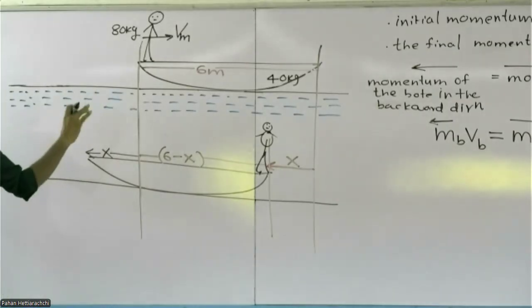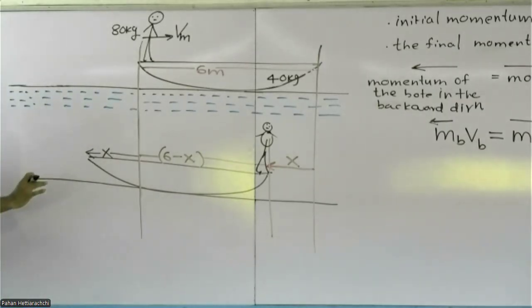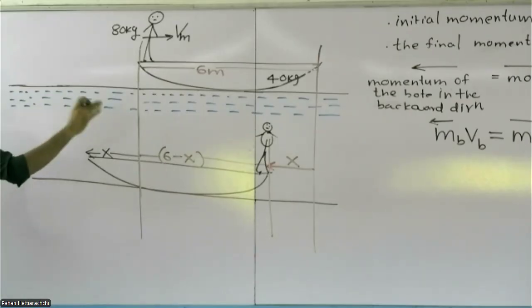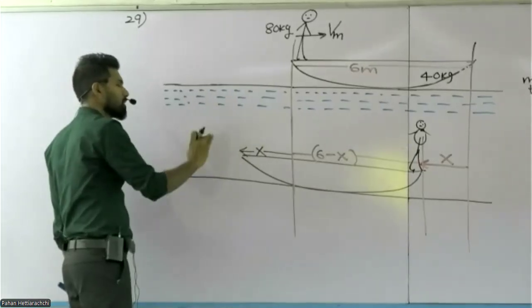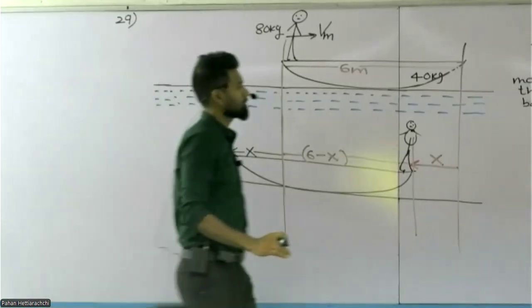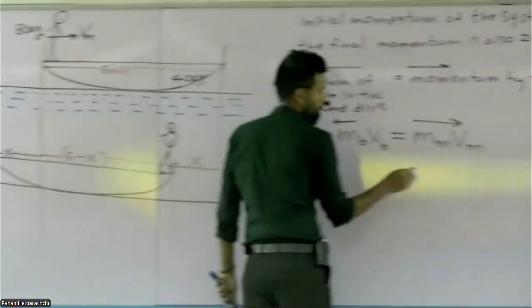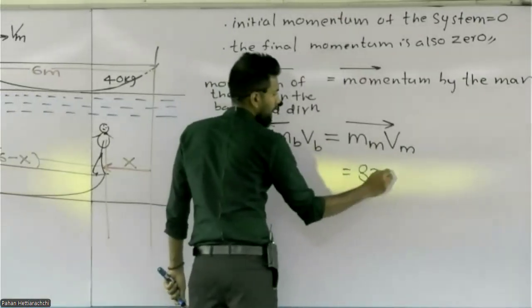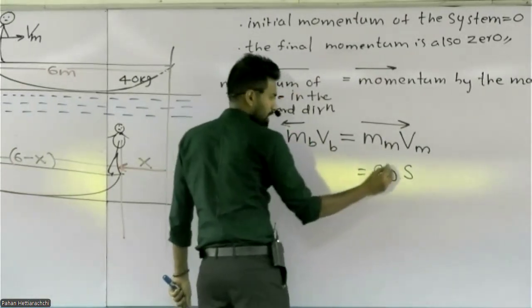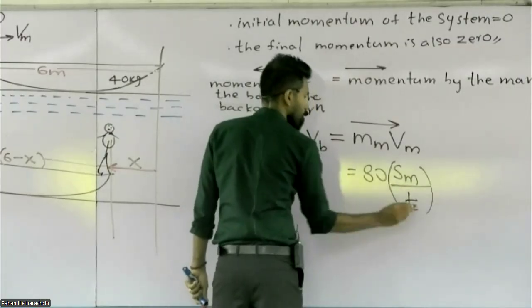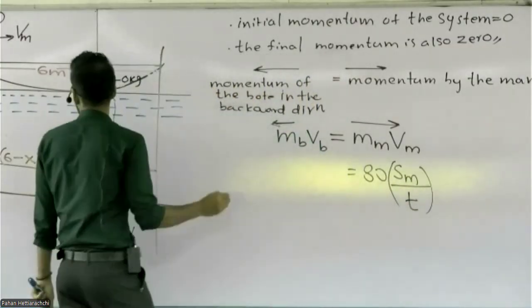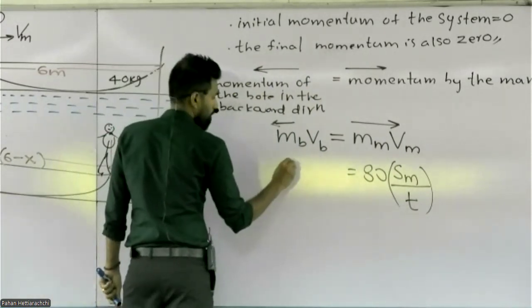Initially, the momentum is zero, all things are at rest. Now, for the final momentum to be zero, the momentum created by the man in the forward direction should be cancelled by the momentum of the boat in the other direction. Mass of the man is 80. Velocity of the man is the displacement of the man divided by time t. Mass of the boat is 40.